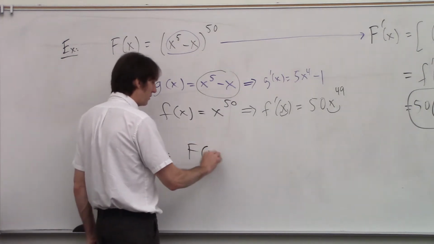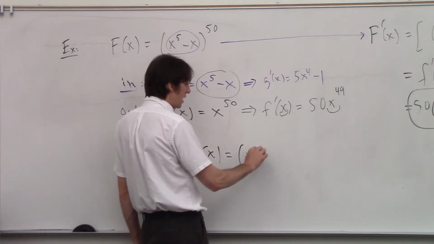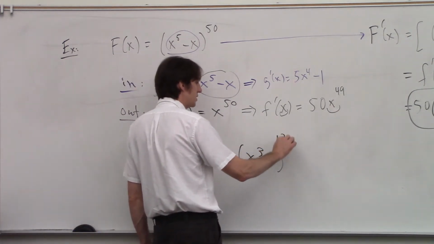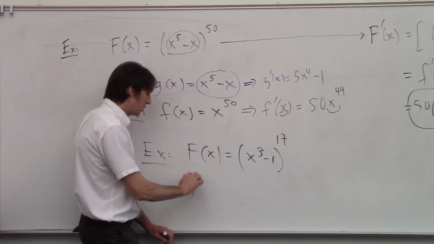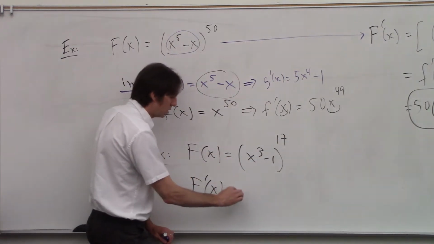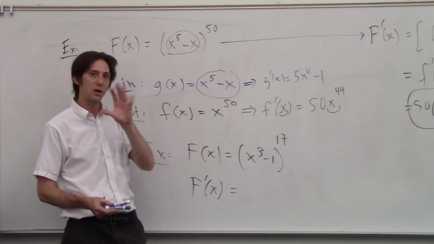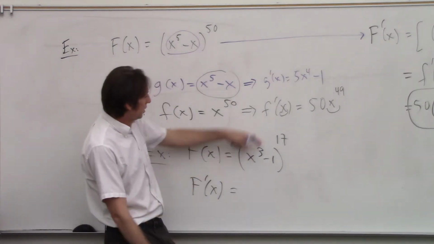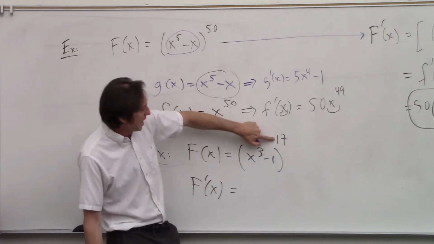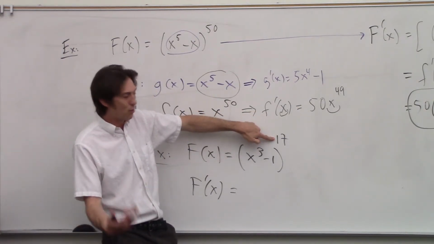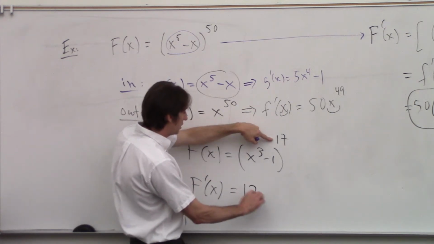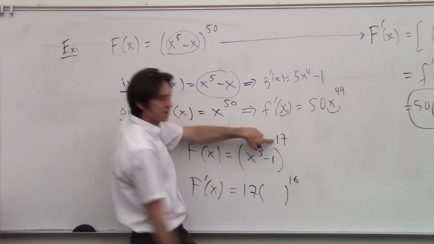Let's say that capital F of x is x cubed minus 1 to the 17th power. If I want to know capital F prime, what do I do? Well, I have to do the chain rule, but I'll do it quickly here. I differentiate the outside, which is the power function. So the 17 comes down, the new exponent is 16.